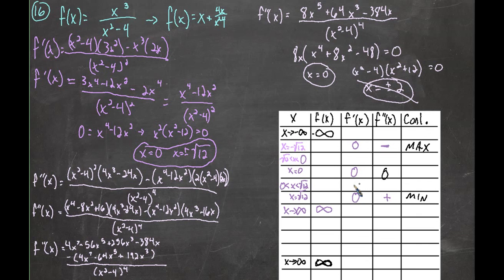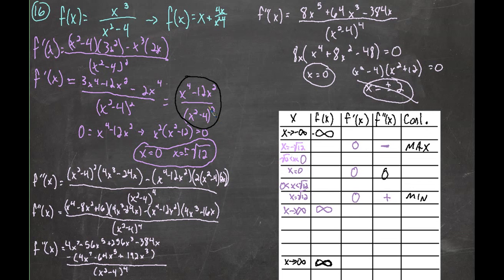We look on the left and the right of 0, between negative root 12 and 0, and 0 and positive root 12, and see whether we go from a positive slope to a negative, or vice versa, or neither. So we go to the first derivative. Let's go to negative 1.